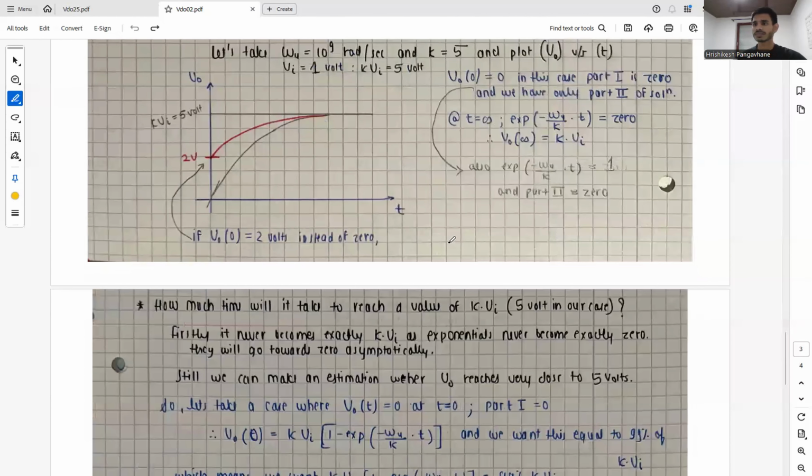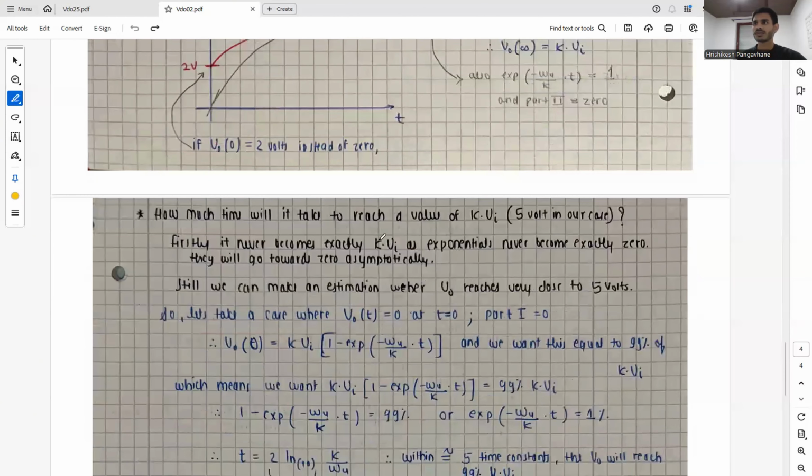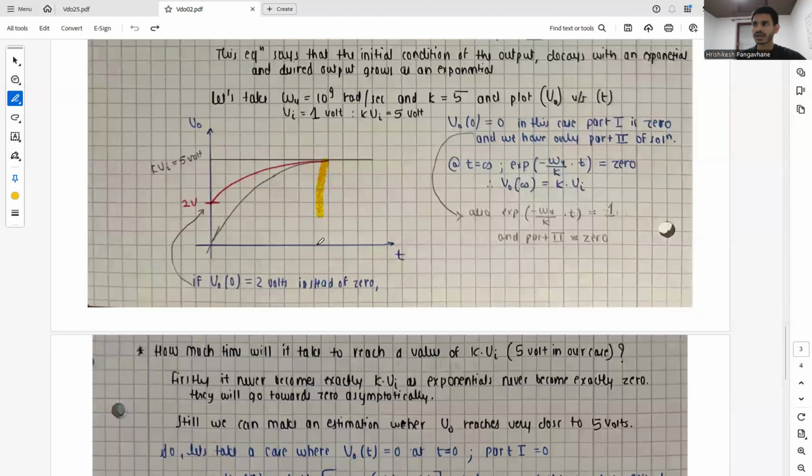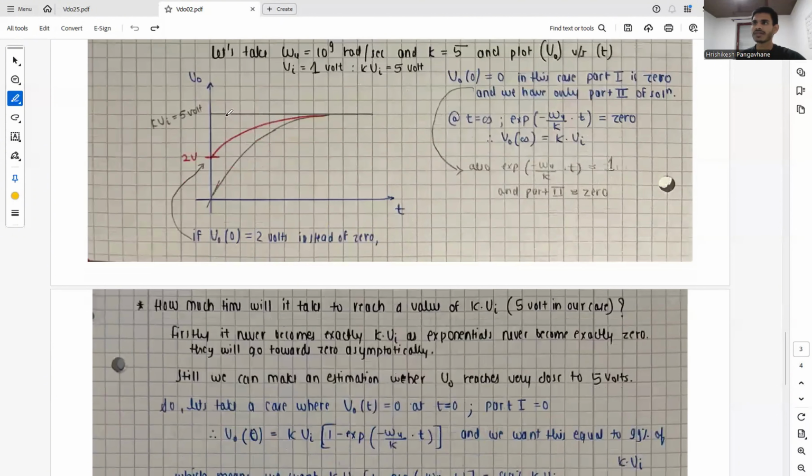And now we have to see how much time it takes to reach the value k vi, which in our case is 5 volt.